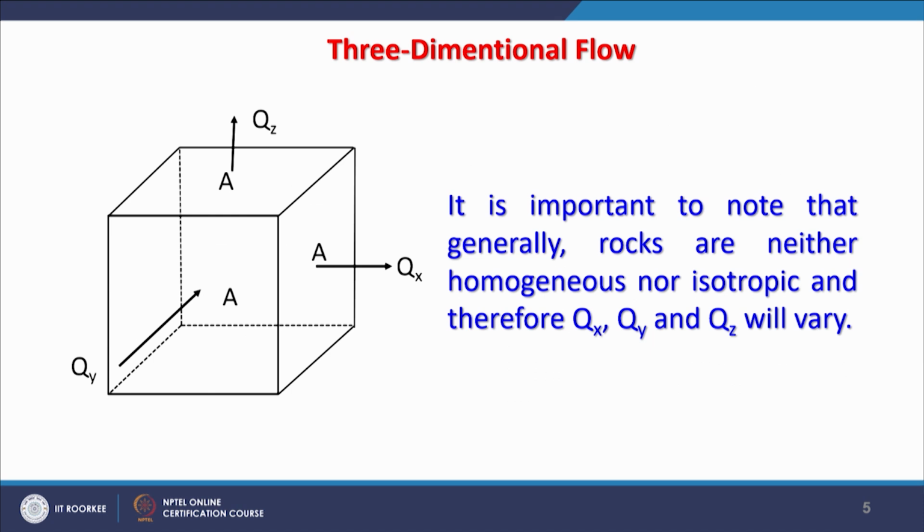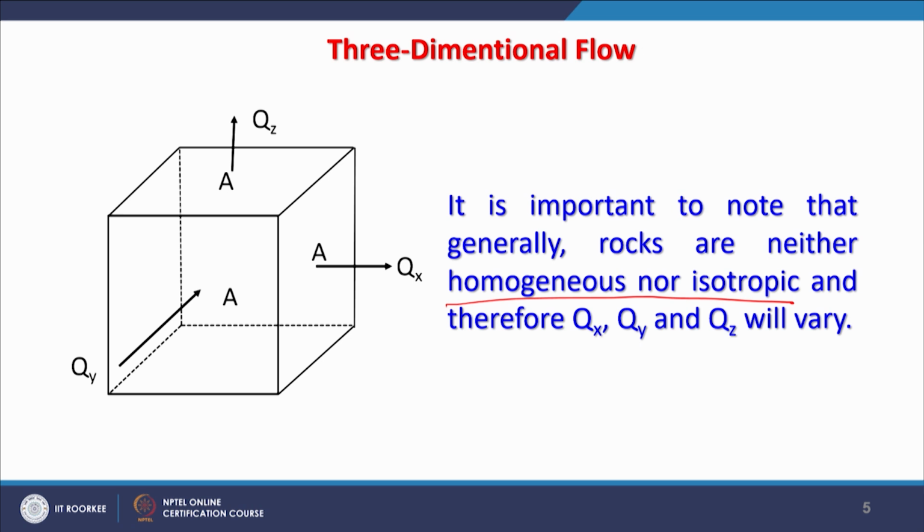Further, it is important that generally rocks are neither homogeneous nor isotropic. I have already told you that this is an ideal situation in theoretical settings. Yes, you can assume it all the time, but in real situations it is never encountered that formations are homogeneous and isotropic.